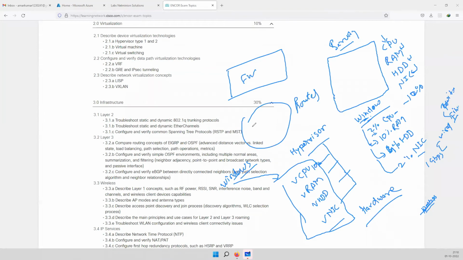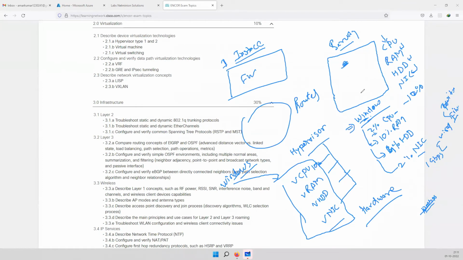Earlier, this firewall was running just a single instance. When I say instance, I mean that single process of the firewall was running. When you do the virtualization on the firewall itself, it can run more instances.